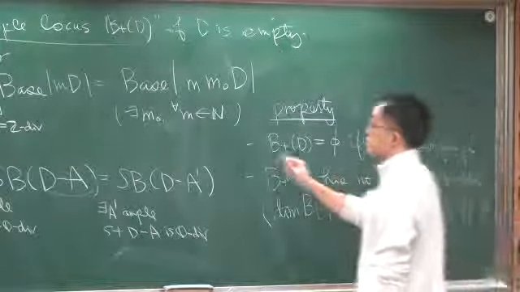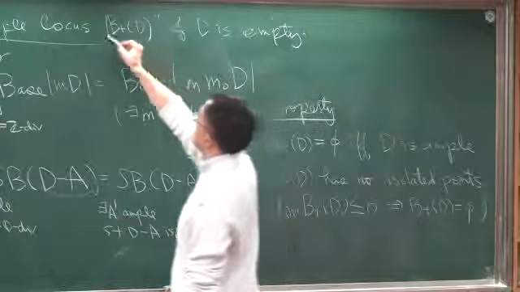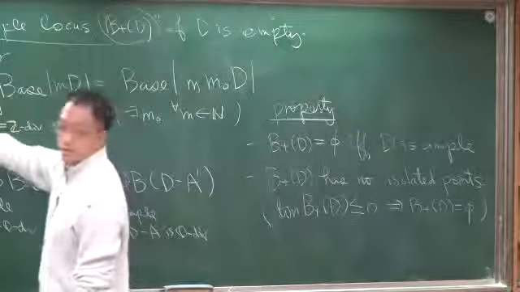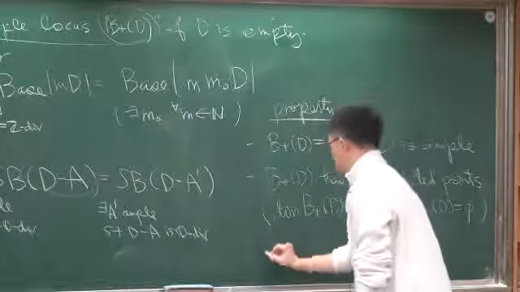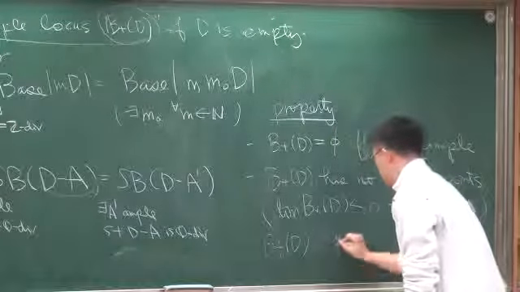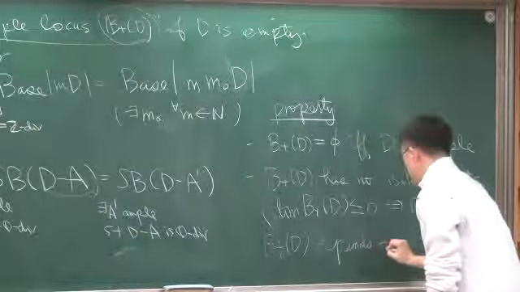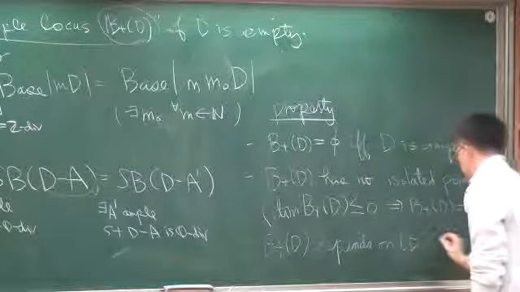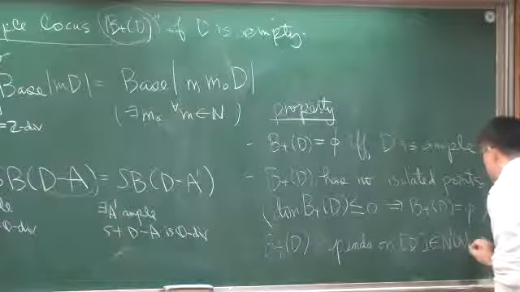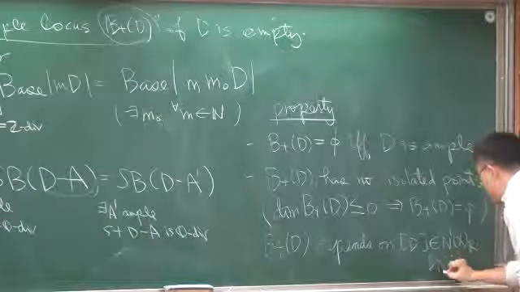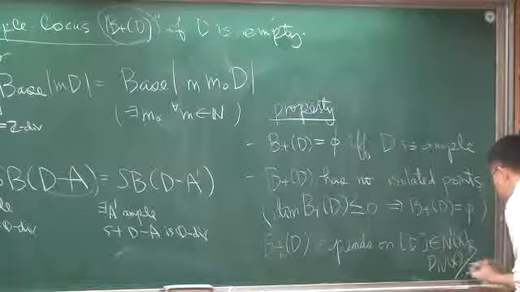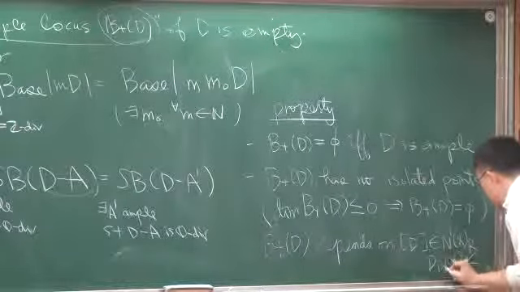Okay. And one more nice property is that this base locus only depends on the numerical class of D, but the usual stable base locus doesn't in general. Okay. B_+(D) depends on the numerical class of D in N^1(X)_R, the divisors up to numerical equivalence.